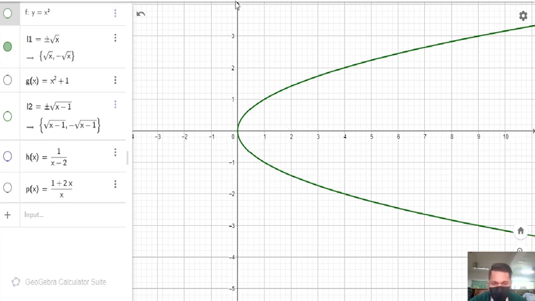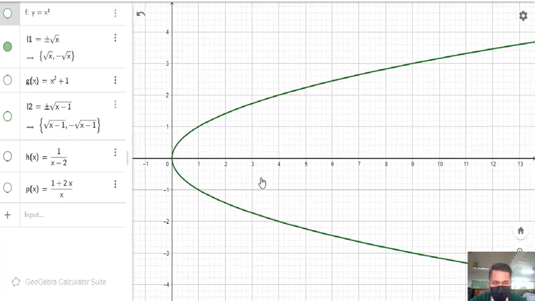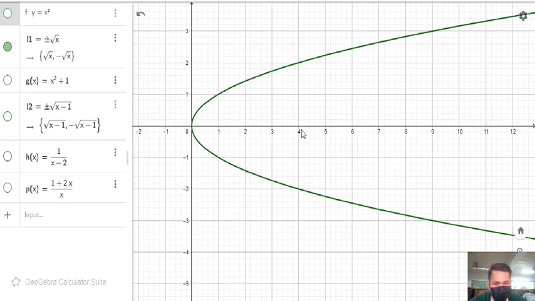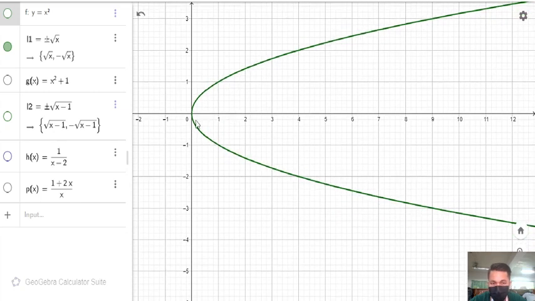The vertical line stands for the y-axis, wherein it consists all the y values. Ngayon, kung titingnan natin itong graph na to, we can see na this graph extends indefinitely to the right from 0 and extends indefinitely to the right. So, positive infinity.